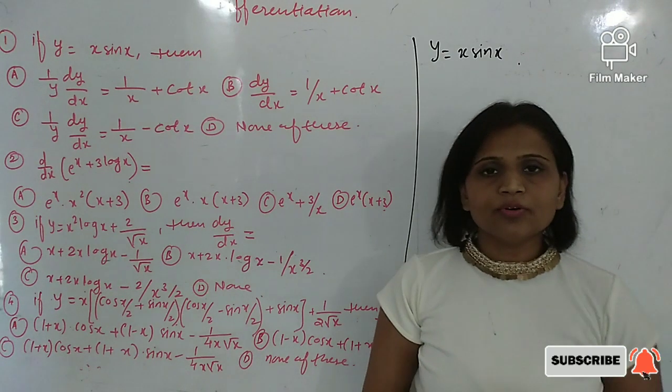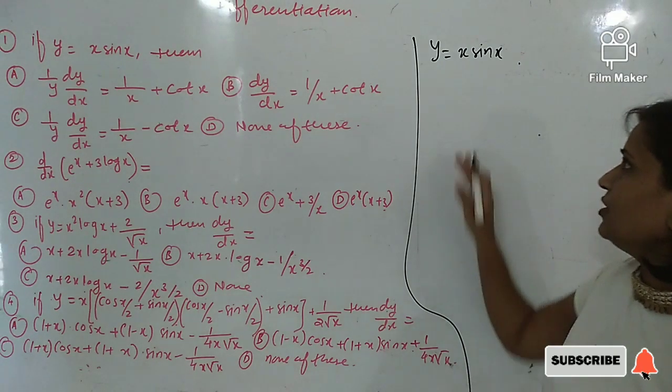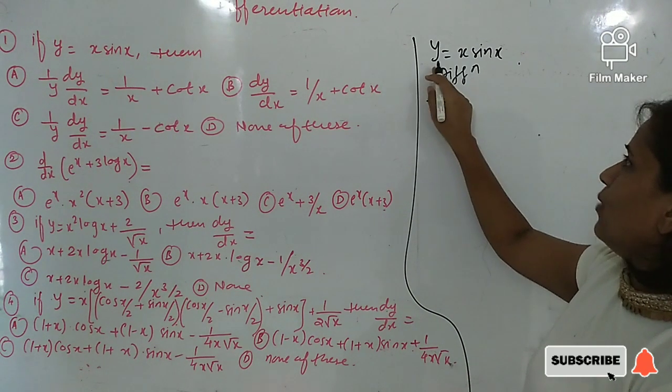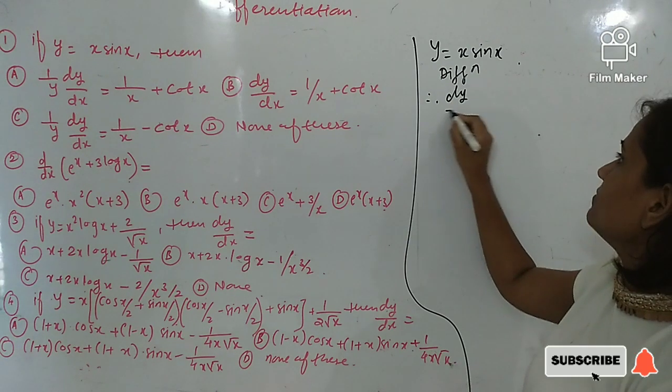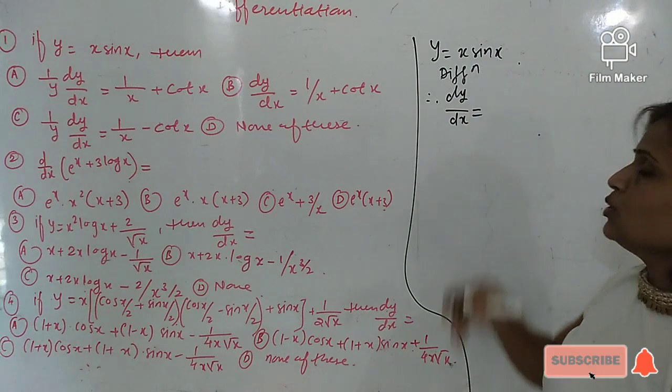First we have to differentiate and find the value of dy by dx. So differentiate y with respect to x: dy by dx equals the derivative of x into sin x.